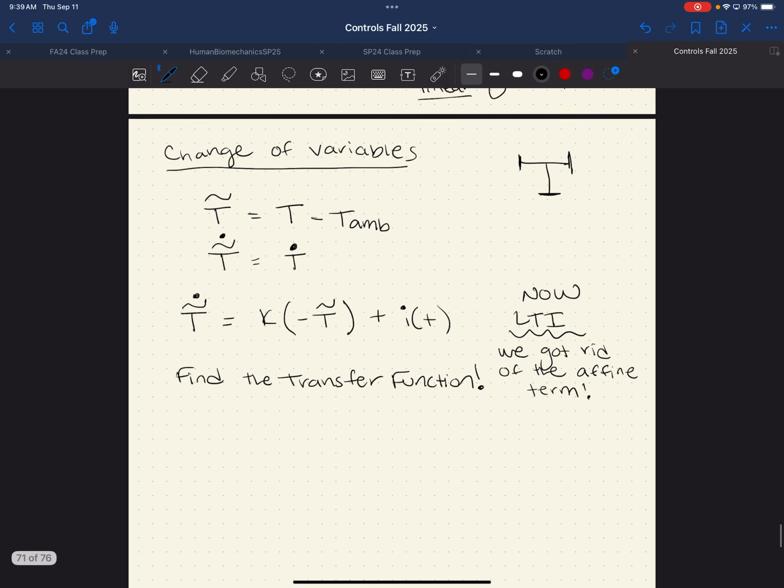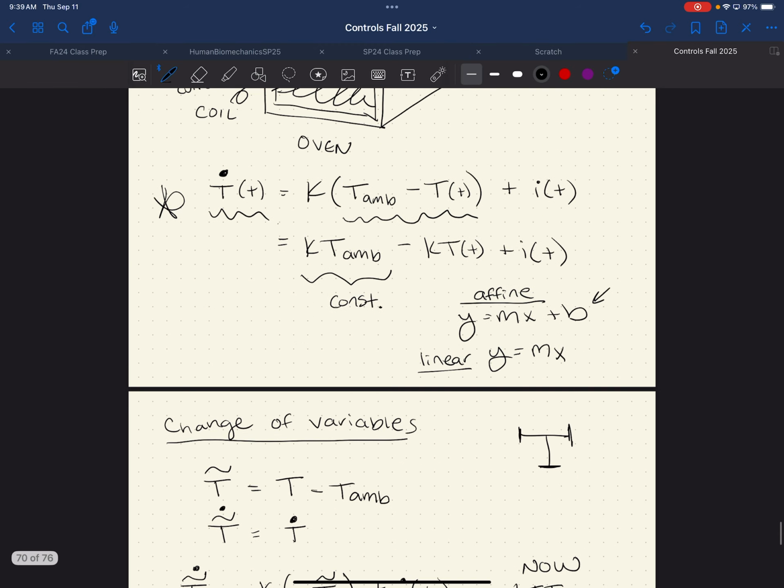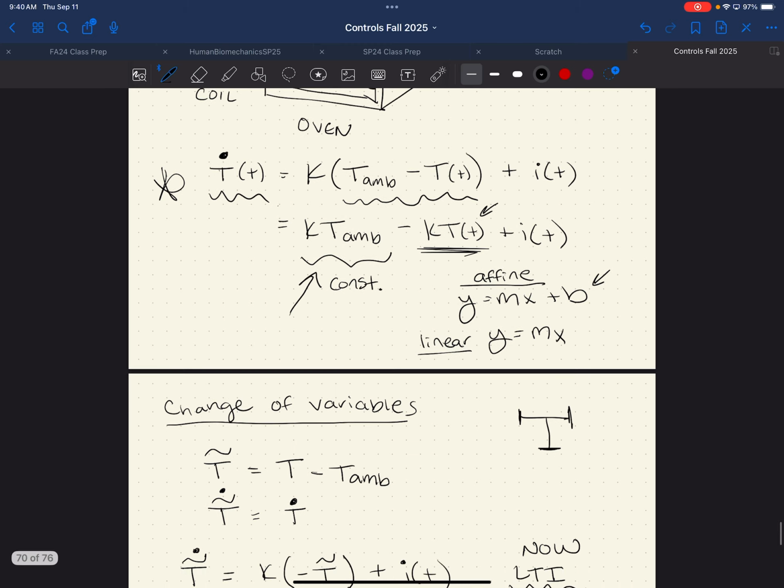I'm wondering why is K T tilde LTI but K T isn't? So this is not the problem. This is the problem, oh, okay, because it's an addition of a constant term. That's what makes it affine. Got that. Yep. So this is absolutely linear. You're correct. Yep. Great question.